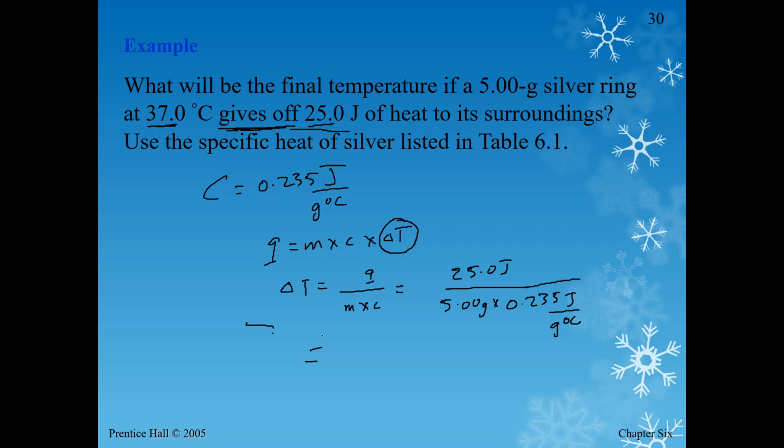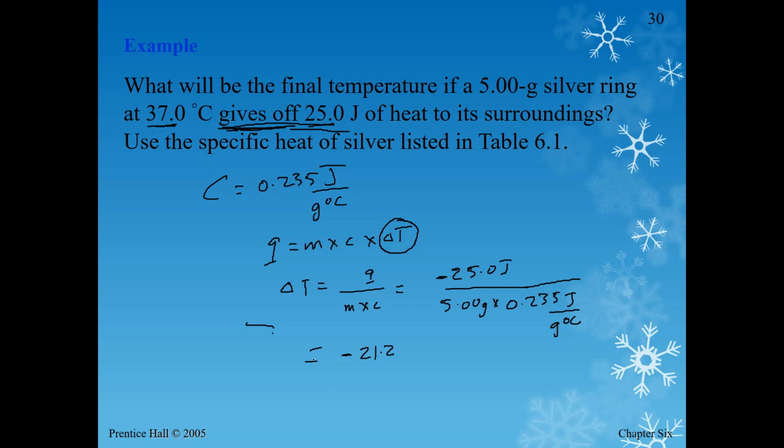Okay, so according to my calculation, when rounded off to 3 sig figs, this gives 21.2. Now, one thing I overlooked, which is very important, is the fact that it gives off 25.0 joules of heat. So what that means is that Q is negative. So I'm going to put negative here, which means that delta T is going to be negative here as well, because if the ring loses heat, the temperature of the ring is going to drop, all right?